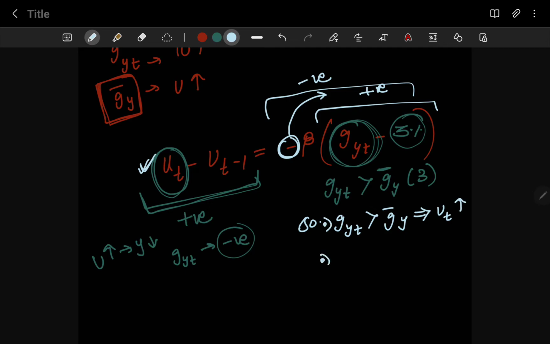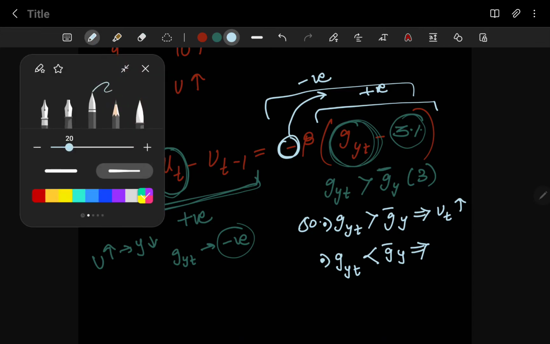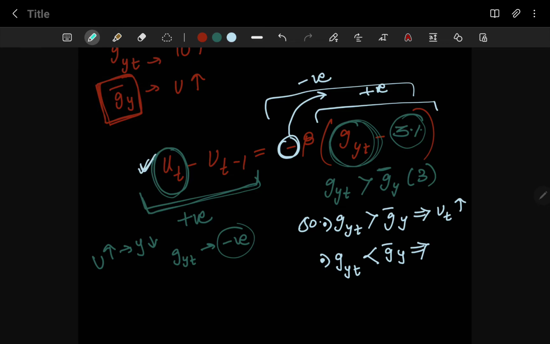Okay. Second case is when GYT is less than GY, what is going to be the impact? Let's see. First let's change the color. Now, if this is less than 3, say 2%, okay, so this value is going to be negative.